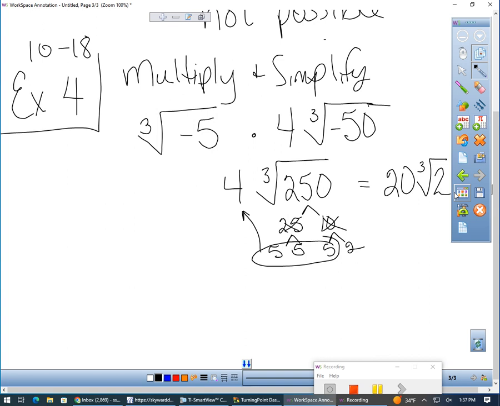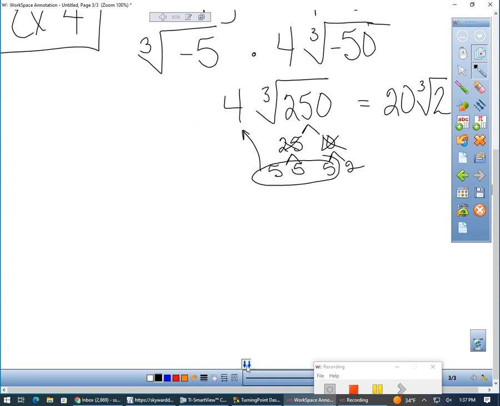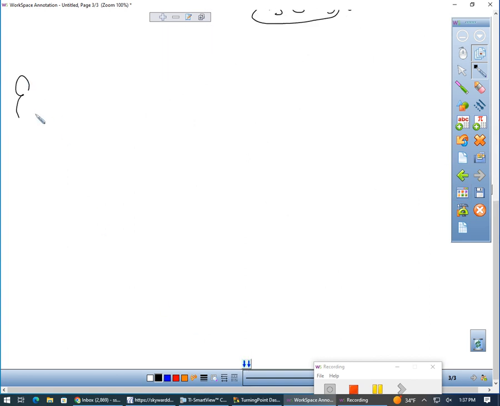All right, so that is the first section. Do we have any question over that section? Okay. Example number 5 then. For example number 5, it simply says simplify.